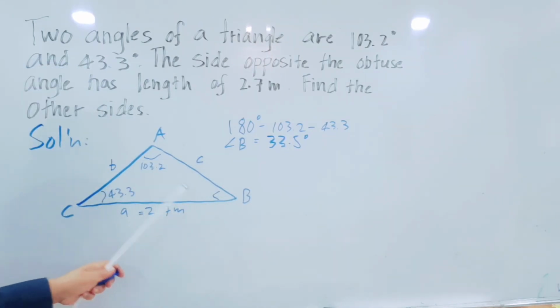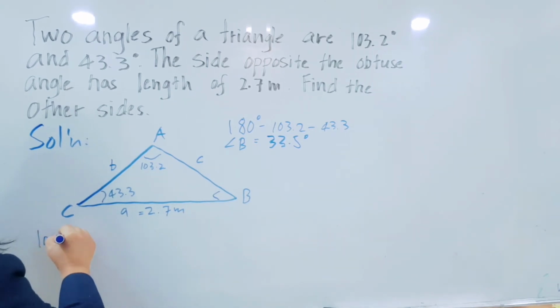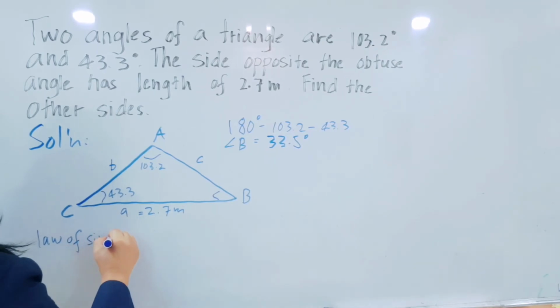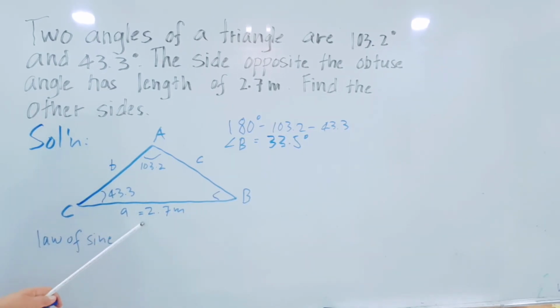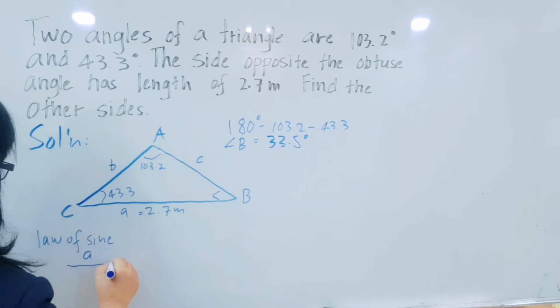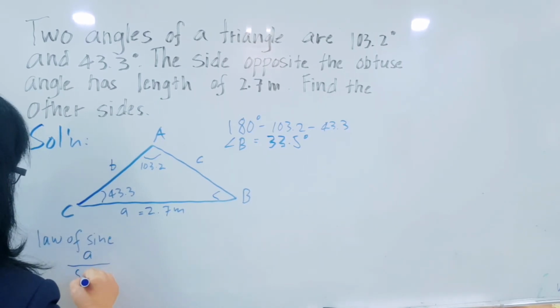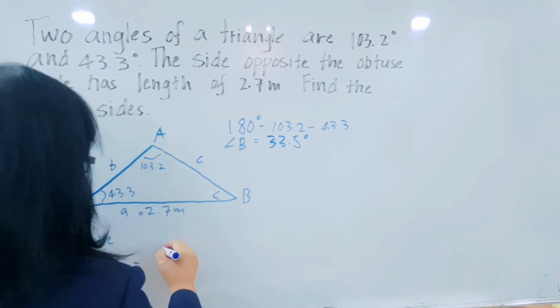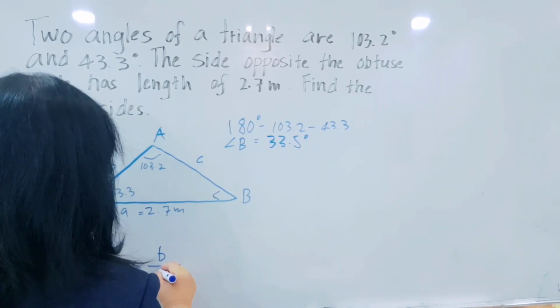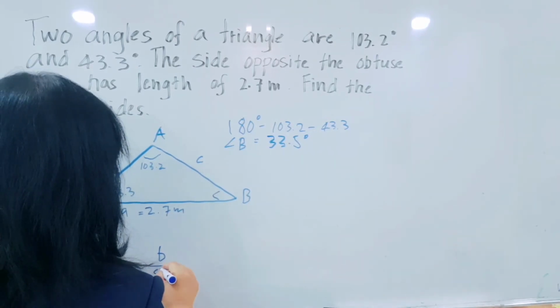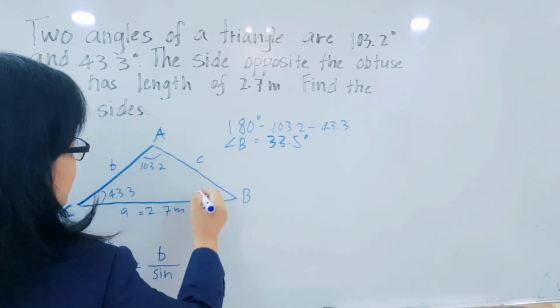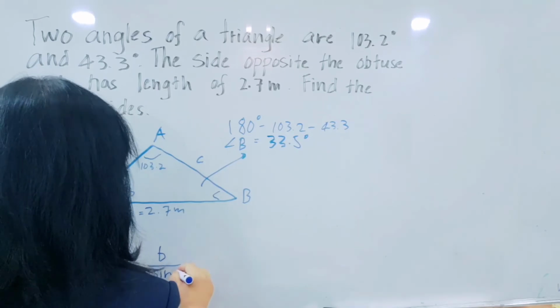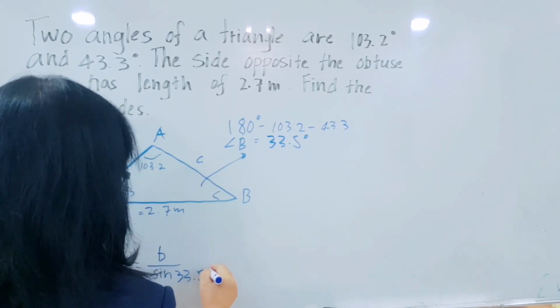To solve the side C and side B, we can use here the law of sine, which states that sine of angle A over its opposite side is equal to sine of B over its opposite side.